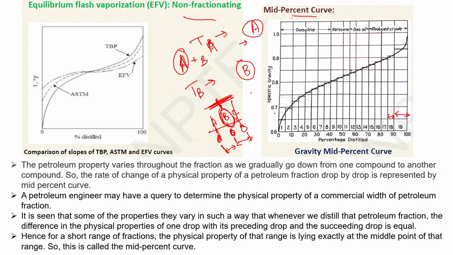Depending on the specific gravity of the different petroleum cuts, we can see gasoline, kerosene, gas oil, then reduced crude.